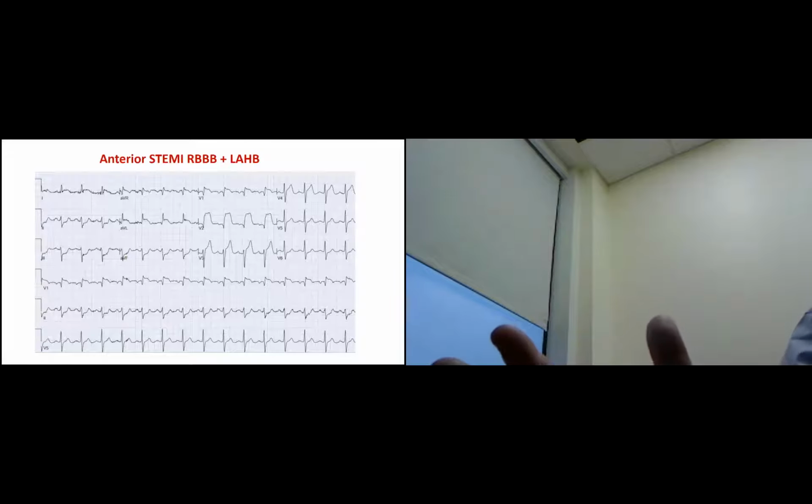Now, this is a case of a patient with anterior MI. We see ST elevation in 1, AVL, lead V1 to V4. There is right bundle branch block. There is a reciprocal change in the inferior leads. There is, as I said, right bundle with left axis.